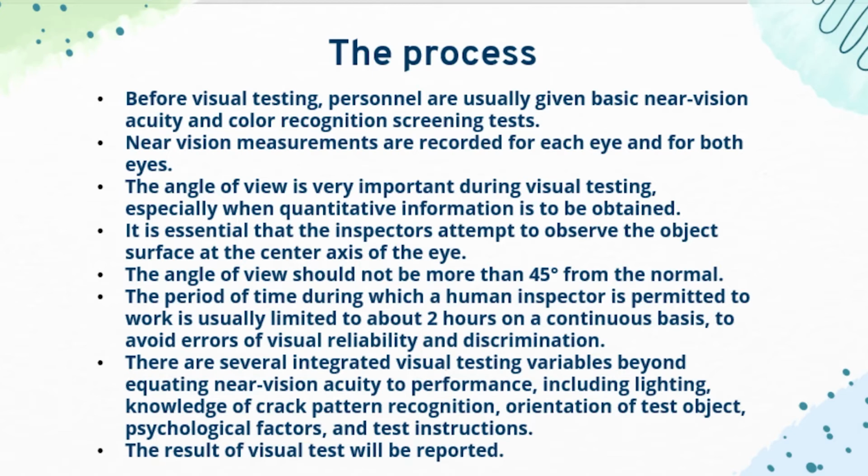All of this, they will record what they see, using the aid of their optical instruments, and the result will be reported and submitted. Perhaps if there is some problem, the workers will be told to repair it.